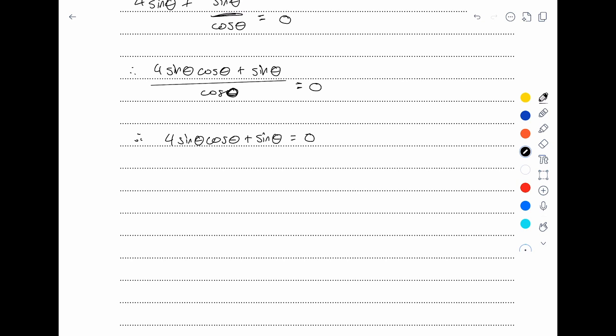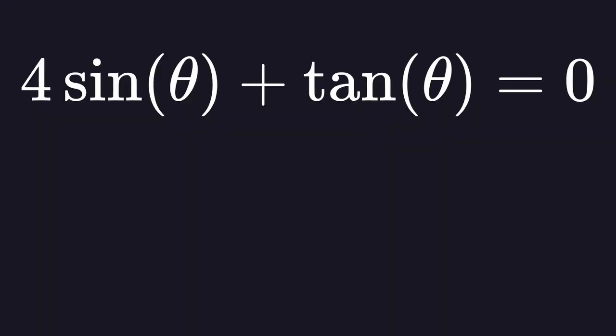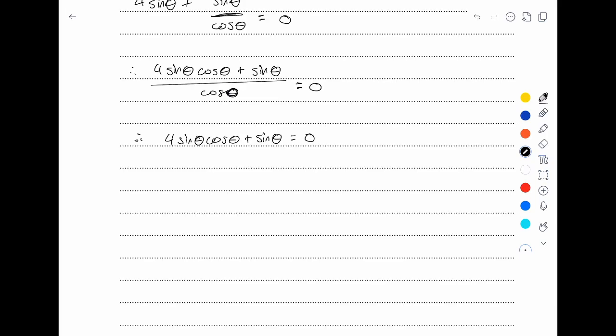So what can we do from here? Well, remember the problem before. Here we couldn't factorize, but now with 4 sine theta cos theta plus sine theta equals 0, we can. And when we do, we get sine theta times (4 cos theta plus 1) is equal to 0.